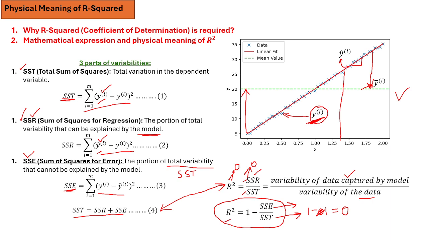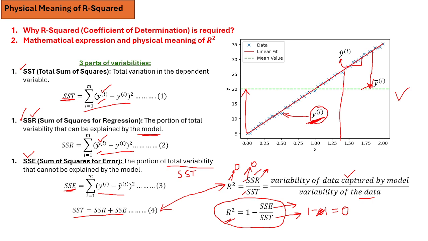So R squared will be 1. And from here, we can also see that SSR and SST are going to be equal, so R squared is going to be 1. So for the best fit, R squared is going to be 1, and that can be explained in terms of all of these terms. So that is basically the physical meaning of R squared.